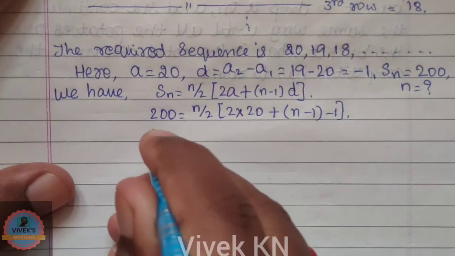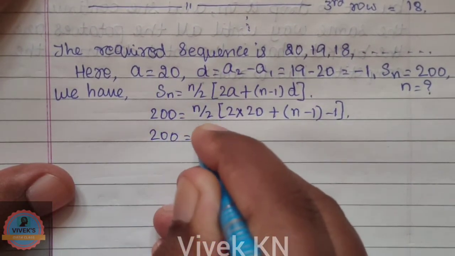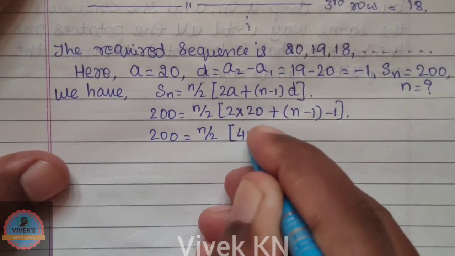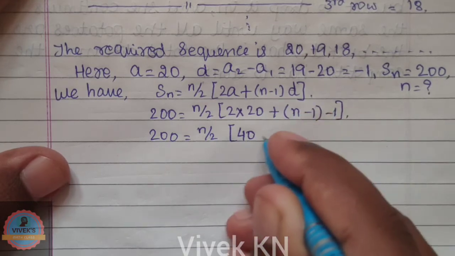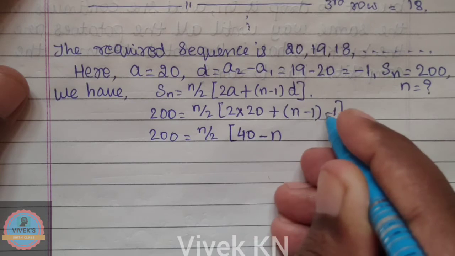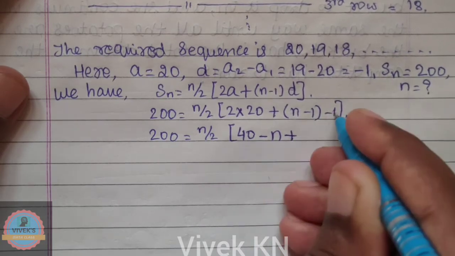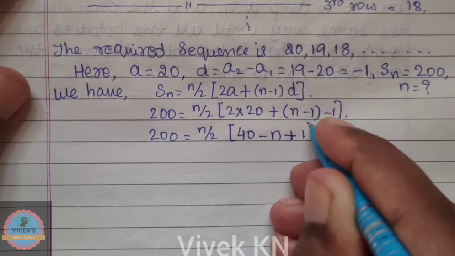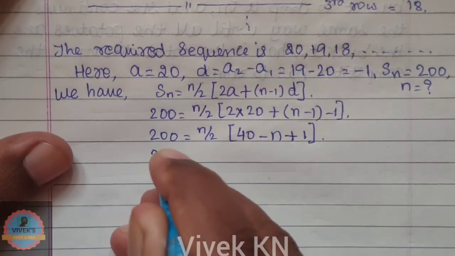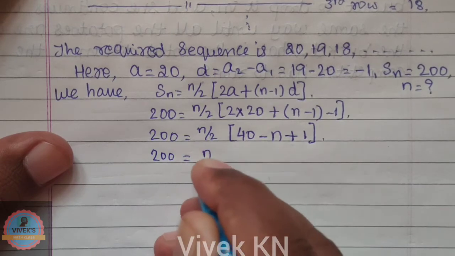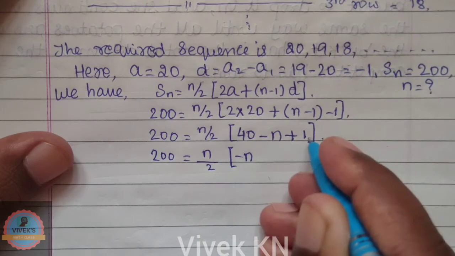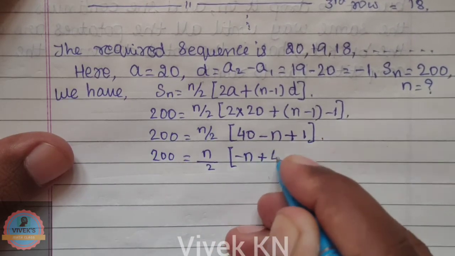Which is 200 is equal to n by 2 into 2 into 20, 40, minus 1 into n minus 1 into minus 1, plus 1. 200 is equal to n by 2 into minus n plus 40 plus 1, we get plus 41.